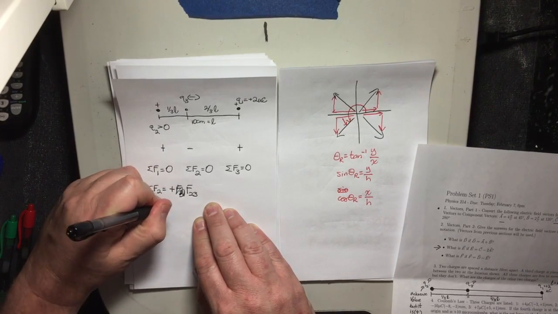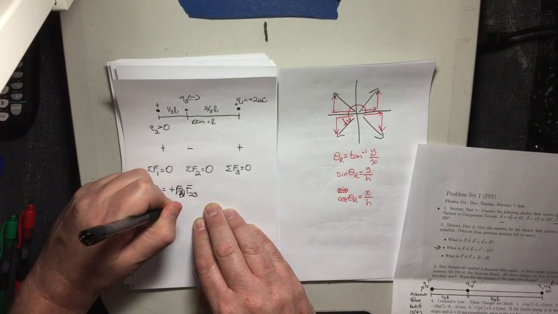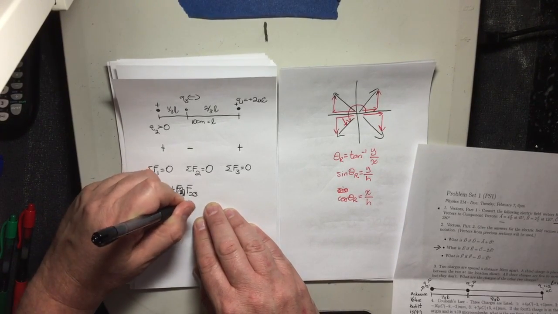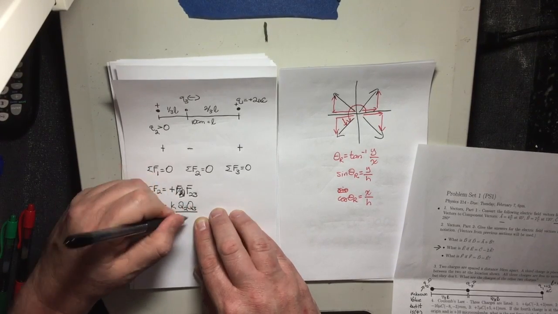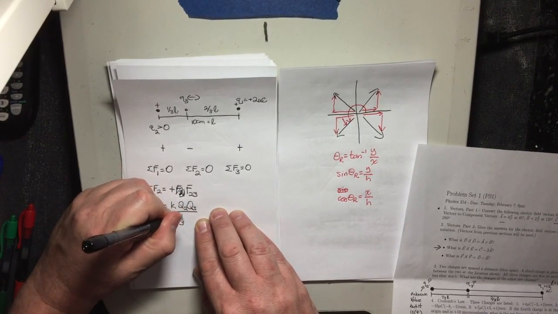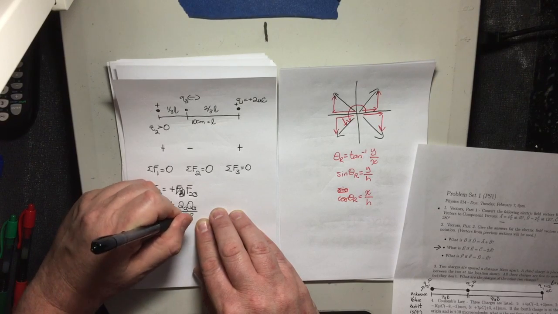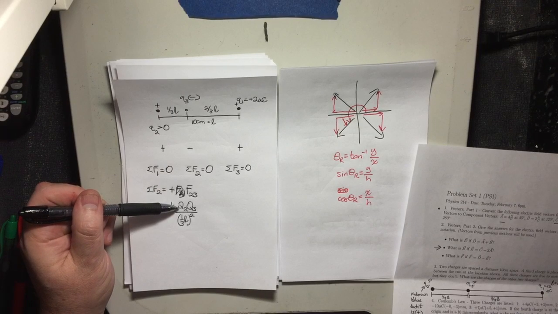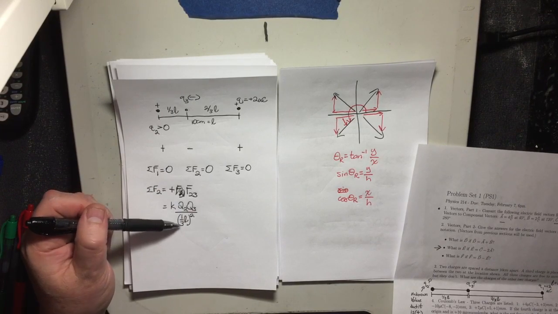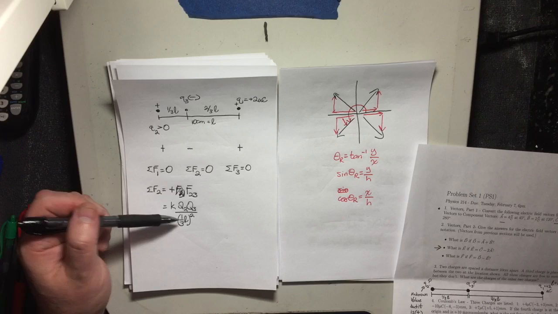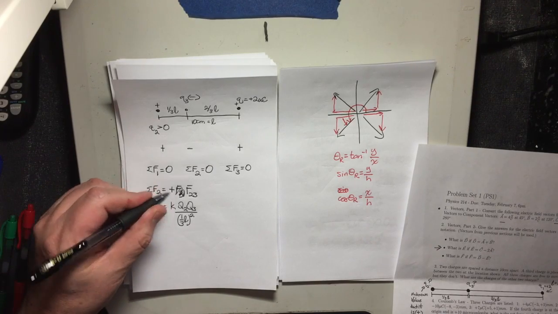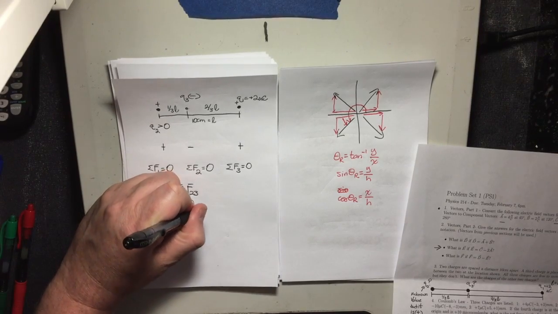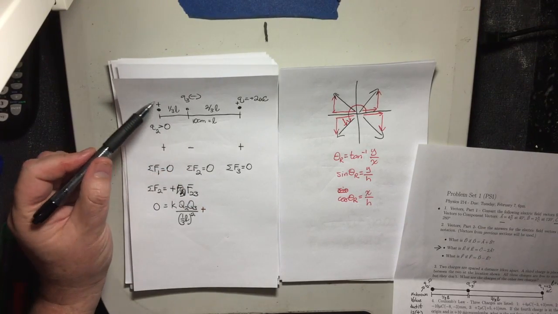So we have K, big Q2, big Q3 over 1/3 L squared. Because Coulomb's law is K, magnitude of the first charge, magnitude of the second charge divided by the distance squared. And this is all equaling 0.